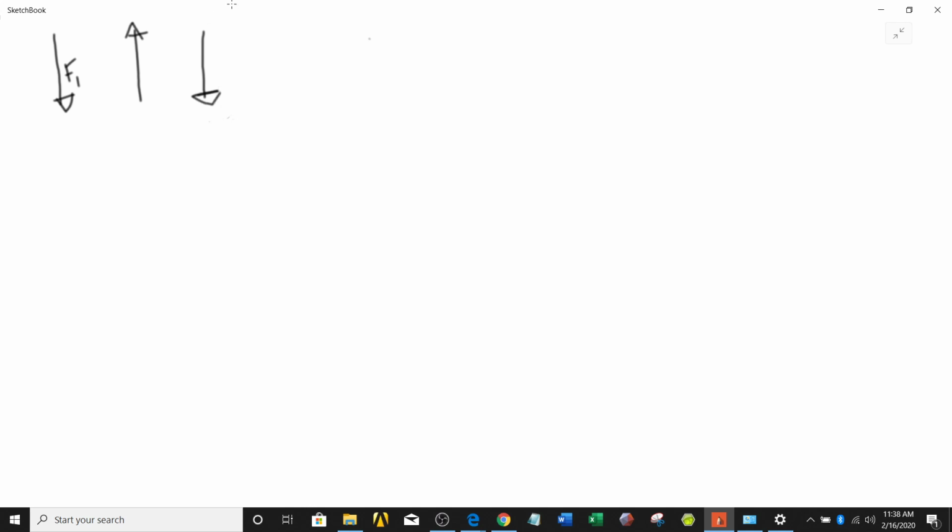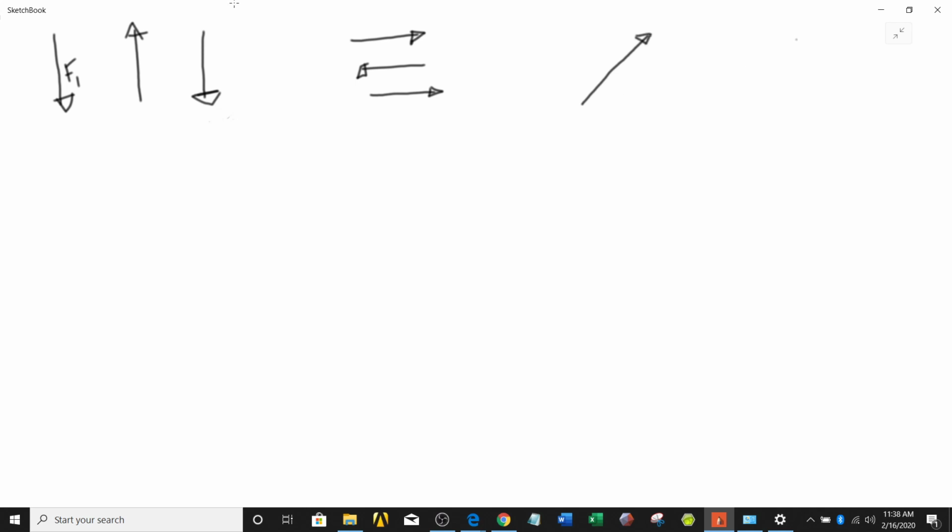Okay. And then we have forces going in the x direction. Let's say this one's going that way. That one's going that way. And we have a vector force going that direction.